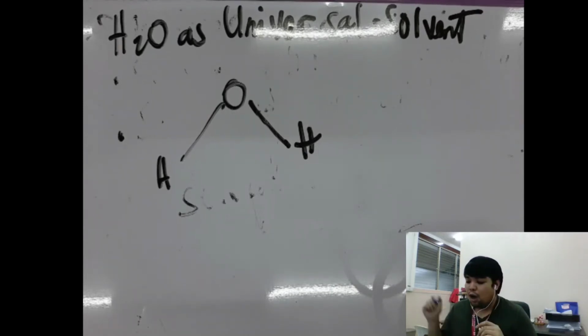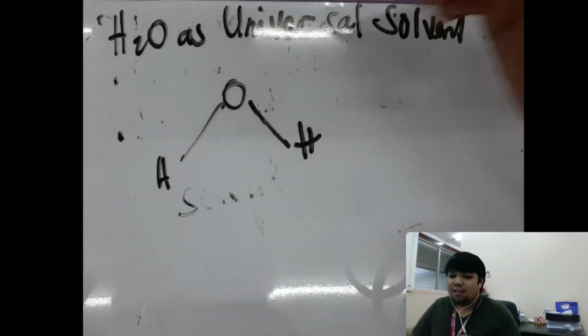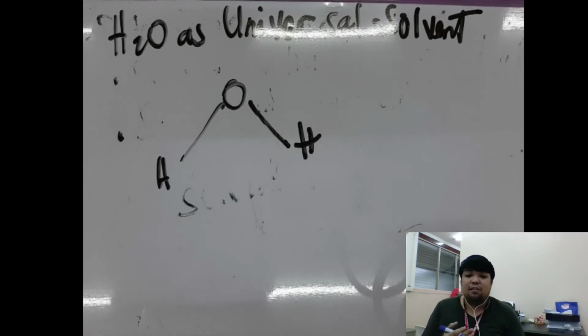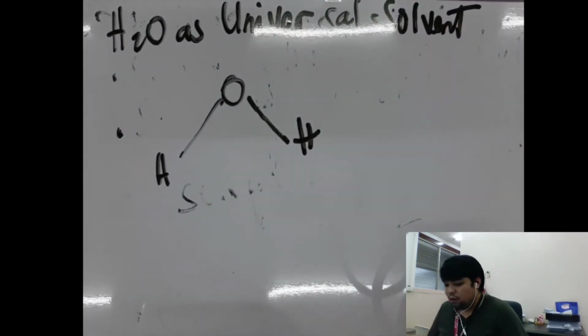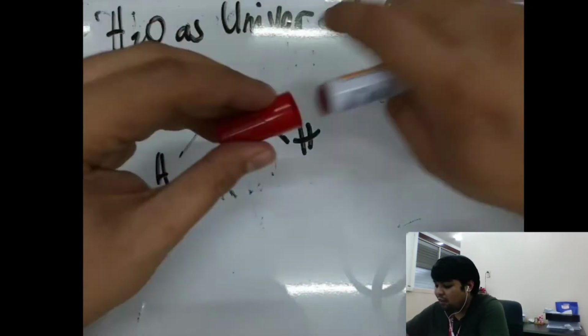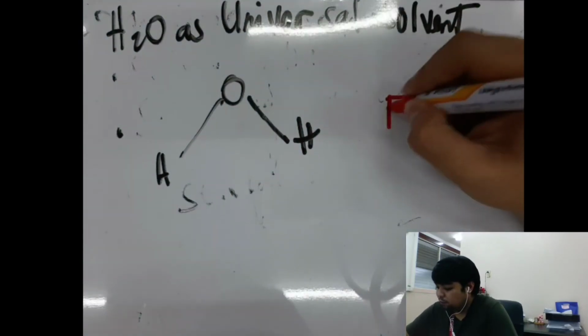Now, one feature of water is that its electron density is not evenly distributed. Remember that oxygen is more electronegative than hydrogen.